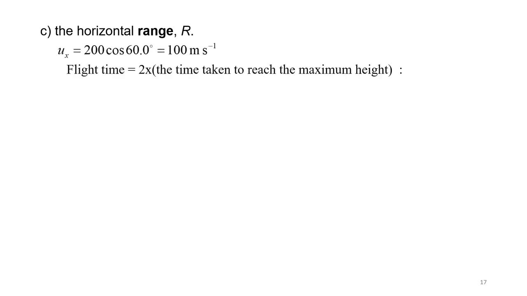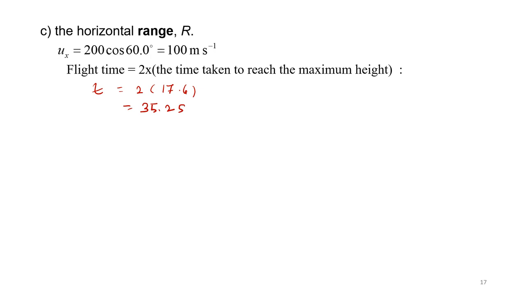Now question C, the horizontal range. Flight time equal 2 times the time taken to reach the maximum height. The time taken to reach the maximum height, we get answer from question A. Therefore, we calculate flight time T equal 2 multiply 17.6. We get flight time 35.2 seconds.